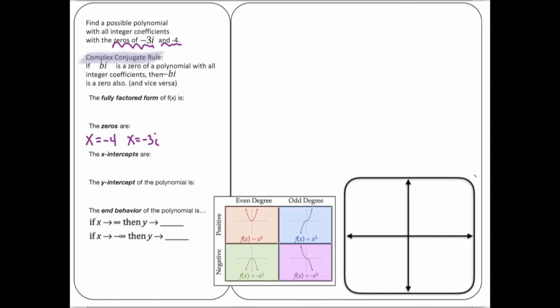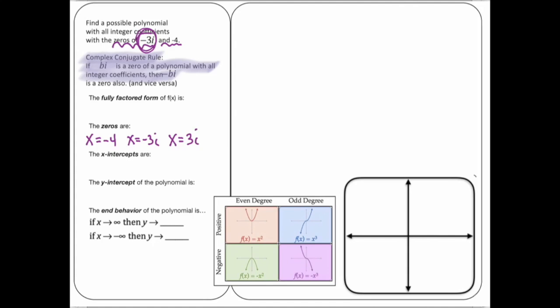So the complex conjugate rule says if bi is a zero of a polynomial with all integer coefficients, then -bi is also. So that basically means that if this guy exists, then the opposite version of it exists as well, okay?